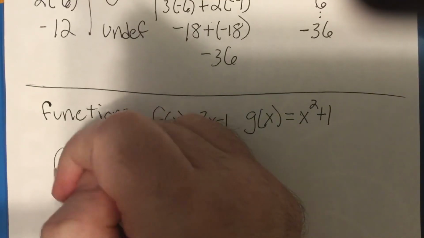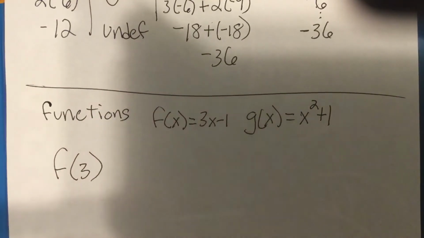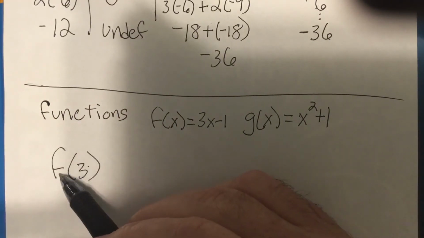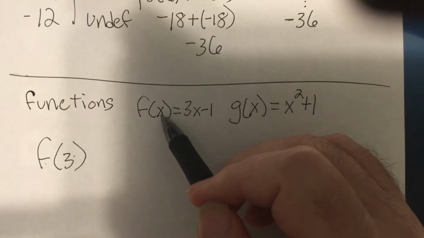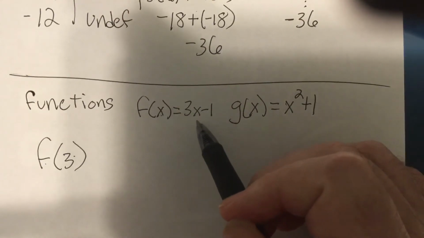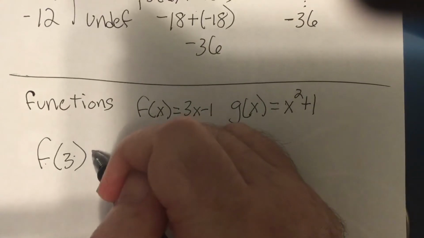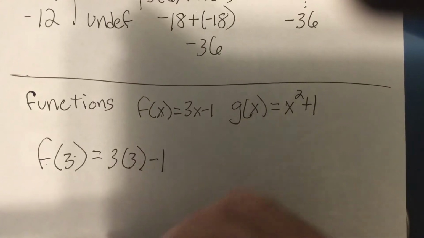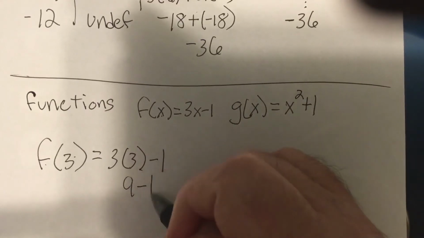And I said, what's f of 3? Well, this means I want to put 3 into the function called f, and since x is there, that means I want 3 to go into the variable over in the definition of what the function is. So it'd be 3 times 3 minus 1. So 9 minus 1 is 8.